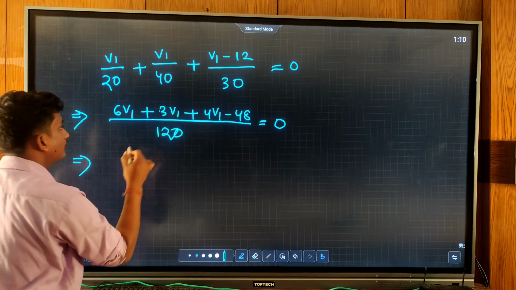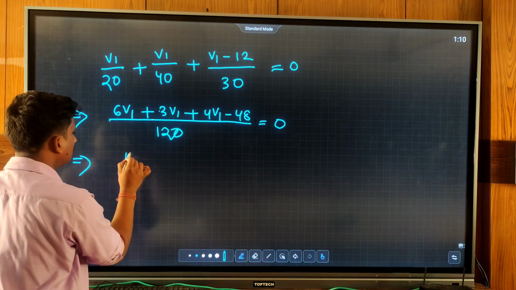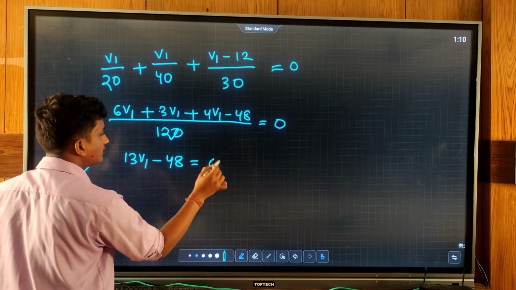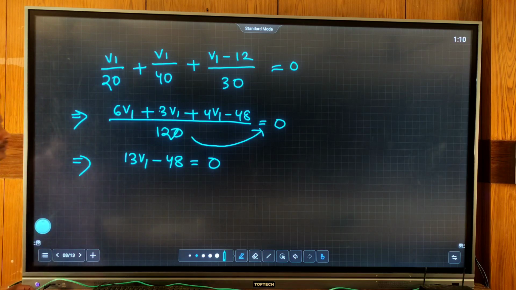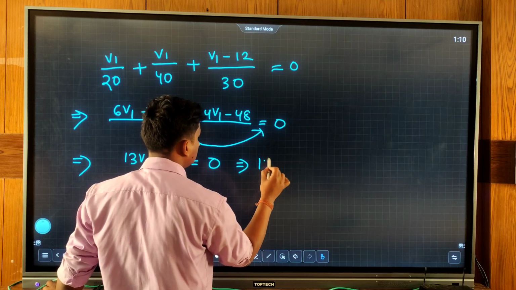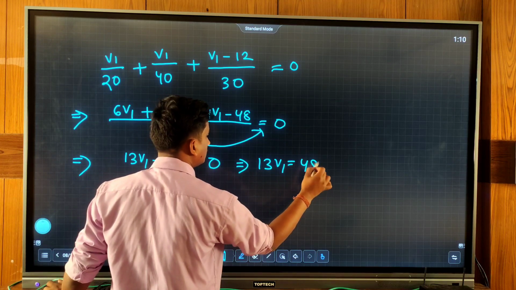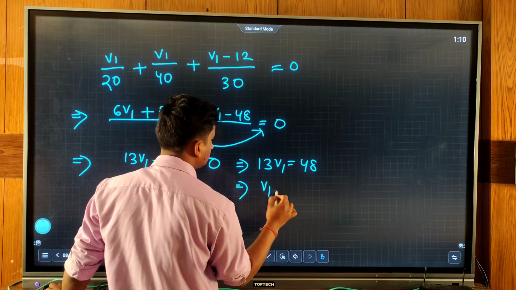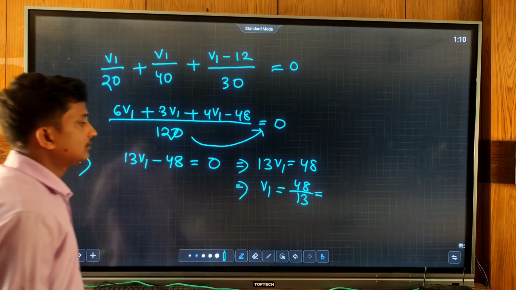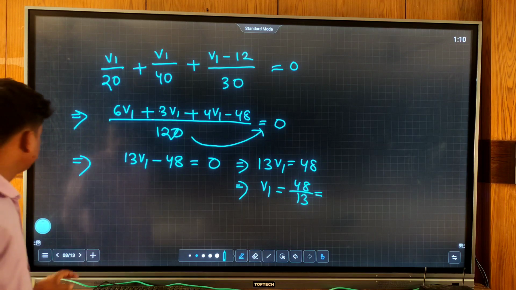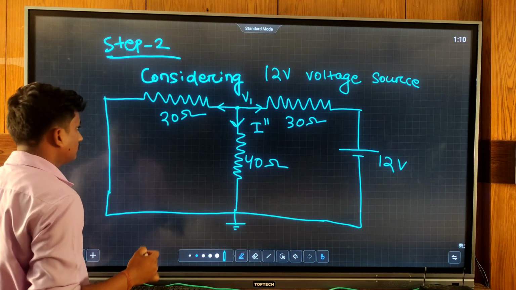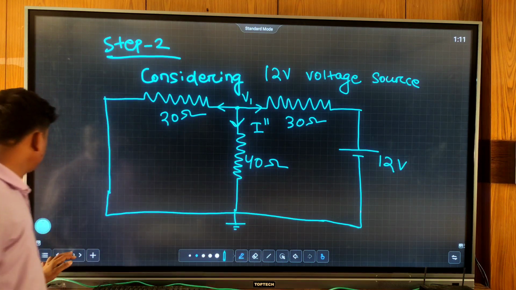Again, 6 V1 plus 3 V1 plus 4 V1 equals 13 V1, minus 48 equals 0. This 120 is multiplied here. So 13 V1 equals 48 and V1 equals 48 by 13. Next, I double dash will be V1 by 40.